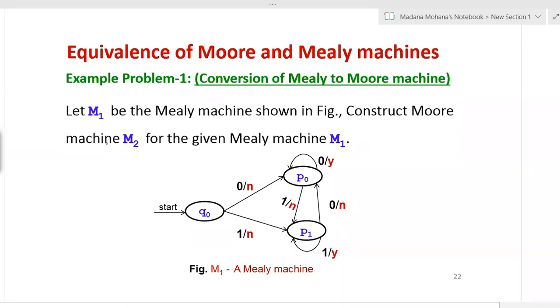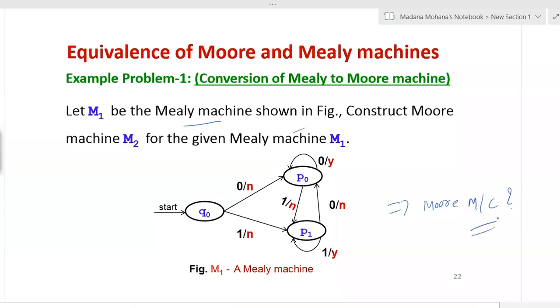According to the equivalence theorem, let M1 be the Mealy machine shown in the figure. The question is like this: construct a Moore machine M2 for the given Mealy machine. This is the Mealy machine we discussed in the example of Mealy machine, the same example we considered here. Now for this we need to construct its equivalent Moore machine.